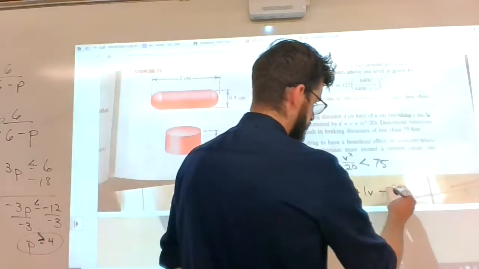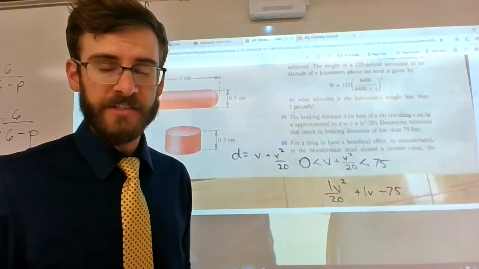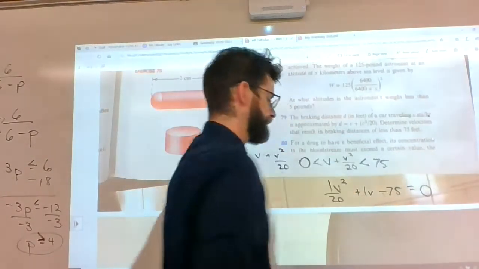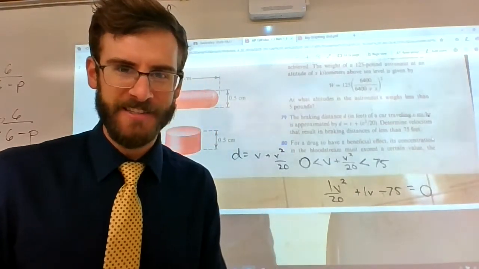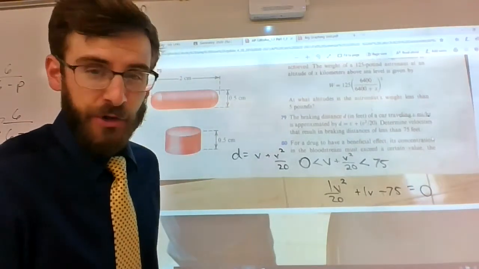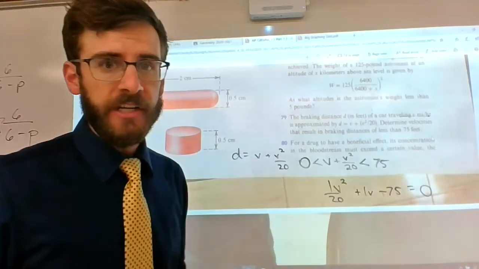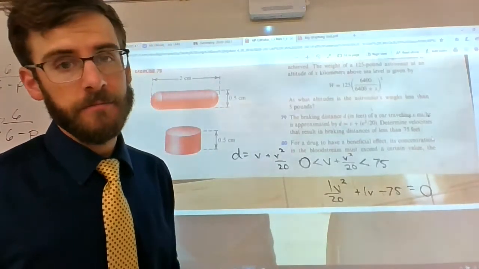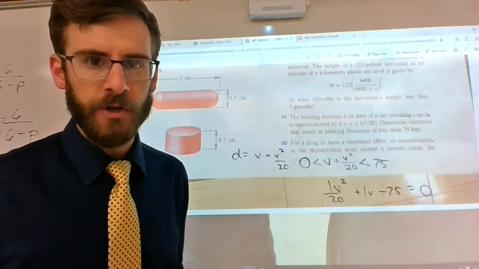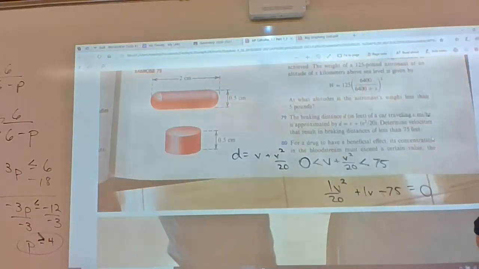And maybe for now I'm just going to ignore those inequality symbols and set it equal to 0. Hopefully I didn't do too much in that step. At this point, we can try to clean it up a little bit. We can multiply everybody by 20, and then we could even factor it, if it is factorable. Let's just assume that it's not factorable and we have to use the quadratic formula.